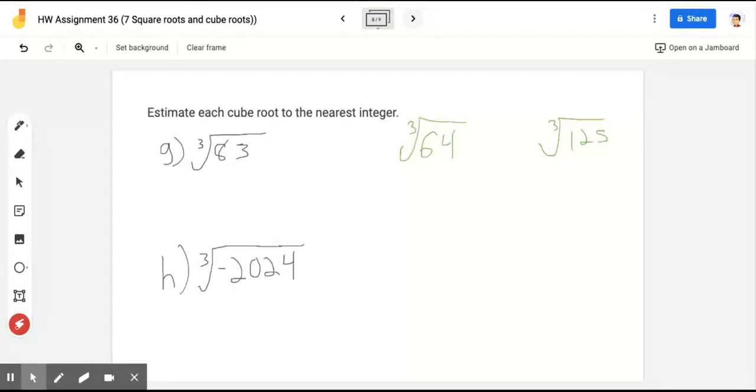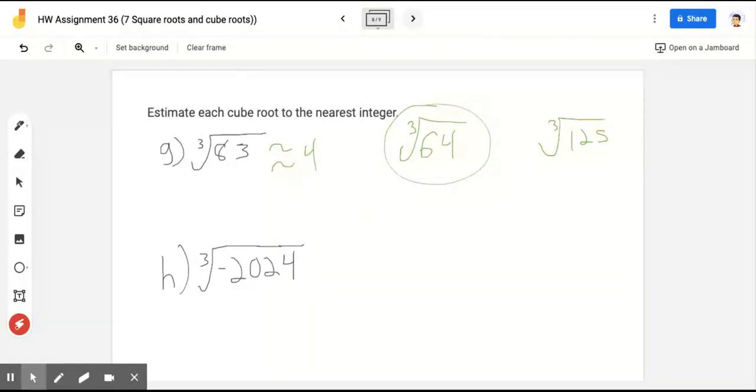And the cube root of 83 seems to be closer to the cube root of 64. So 83 seems to be closer to 64 than it is to 125. Therefore, it's approximately equal to 4.